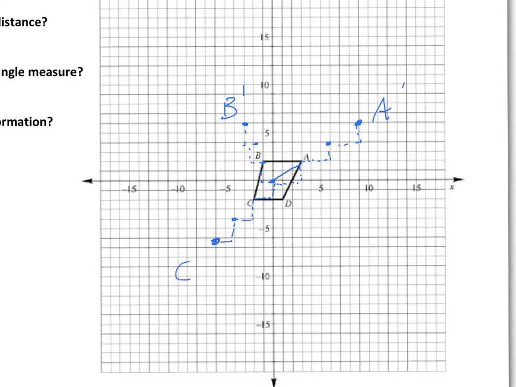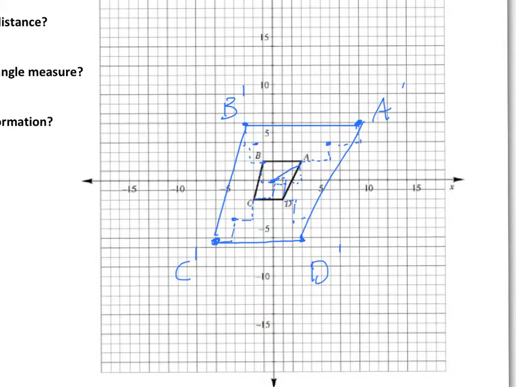There's my new C. And D is over 1 down 2, over 1 down 2, over 1 down 2. And that's going to be my new D. And when we connect those dots, you'll notice something about the new figure.